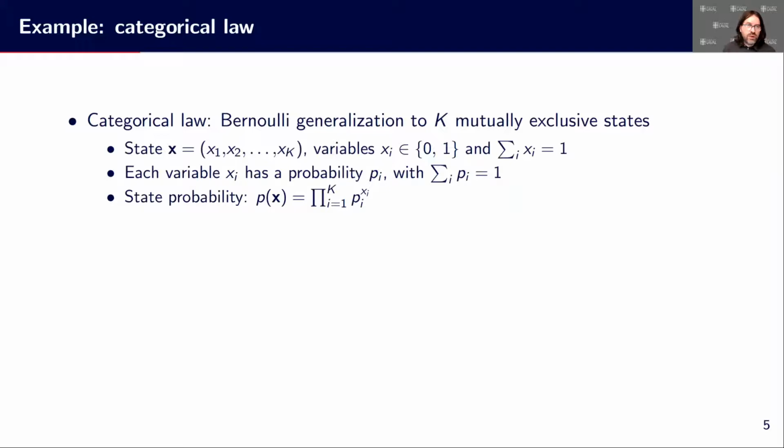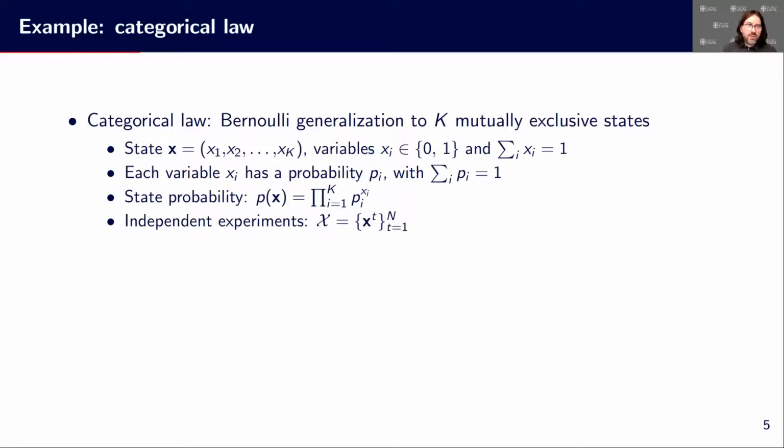So we have a state probability: what is the probability of getting one given vector, with a 1 in one position and all zeros elsewhere for k values? This corresponds to the product of p_i to the power x_i, from i equal to 1 to k. So this is the probability of getting one given state.